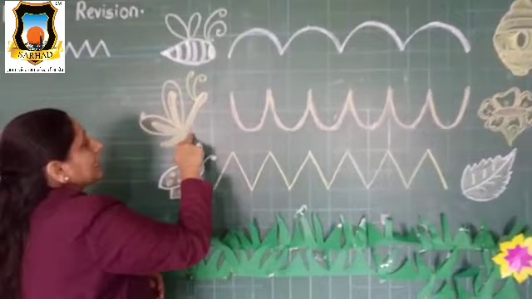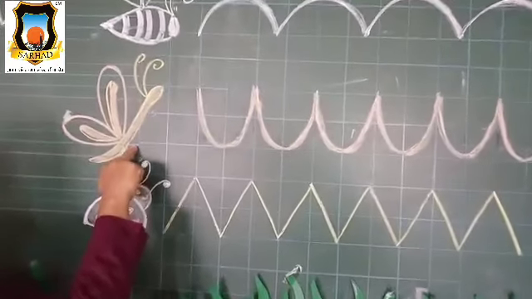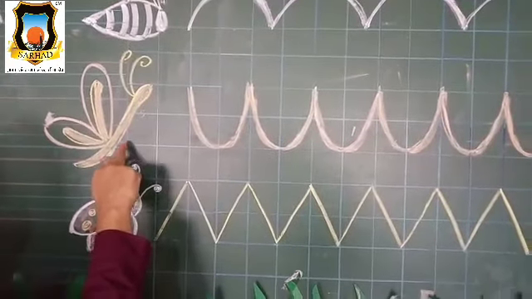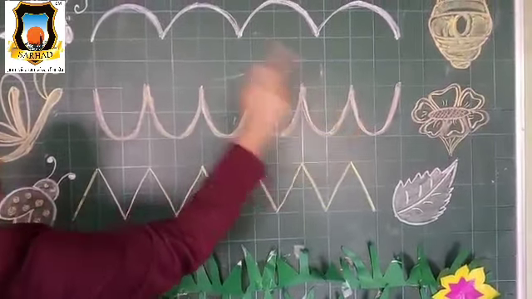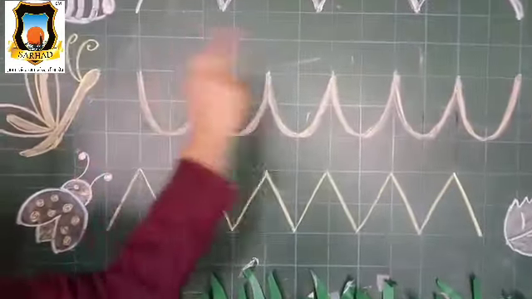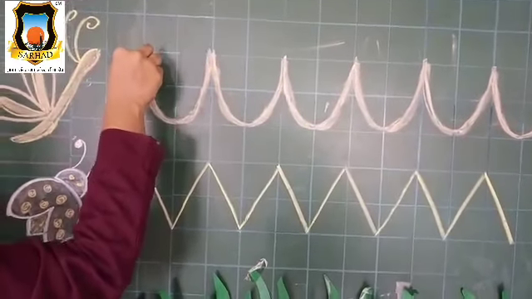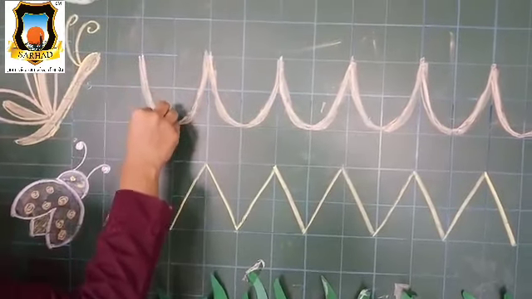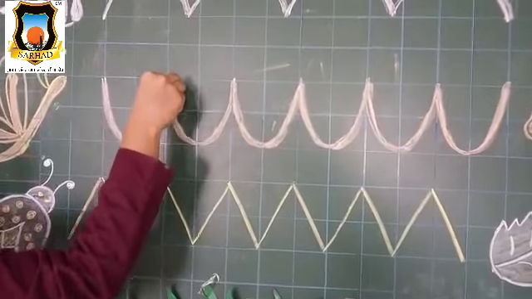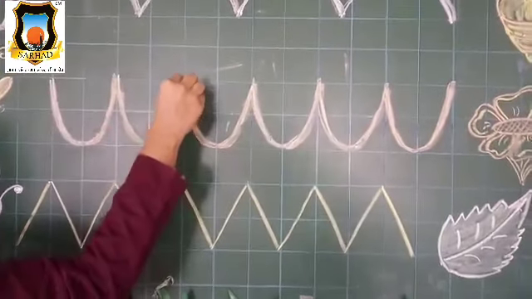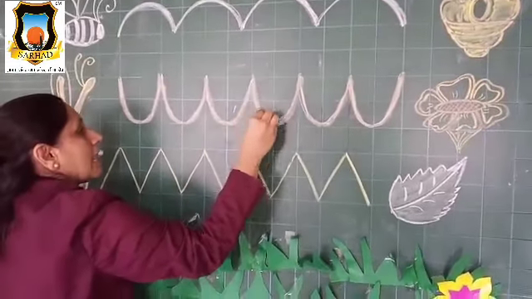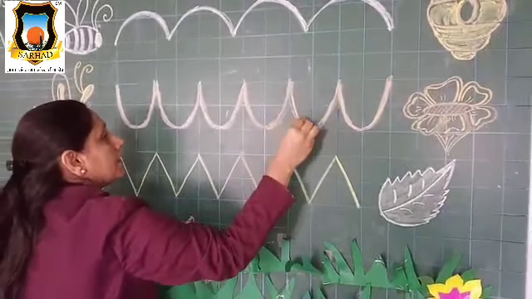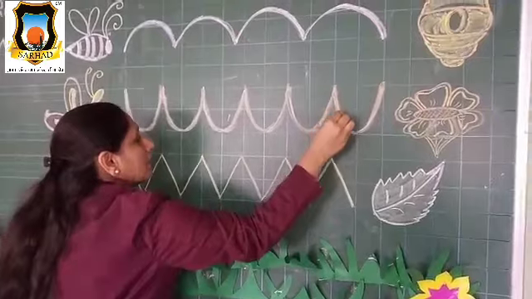Now let's see what it is. This is a butterfly. The butterfly wants to sit on that flower. So how does he fly? Look at me. Down, up, down, up, down, up, down, up, down, up.